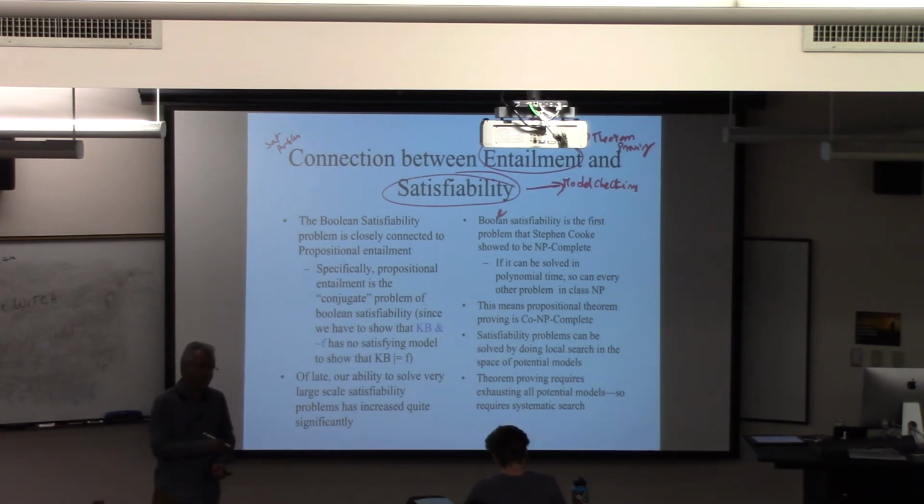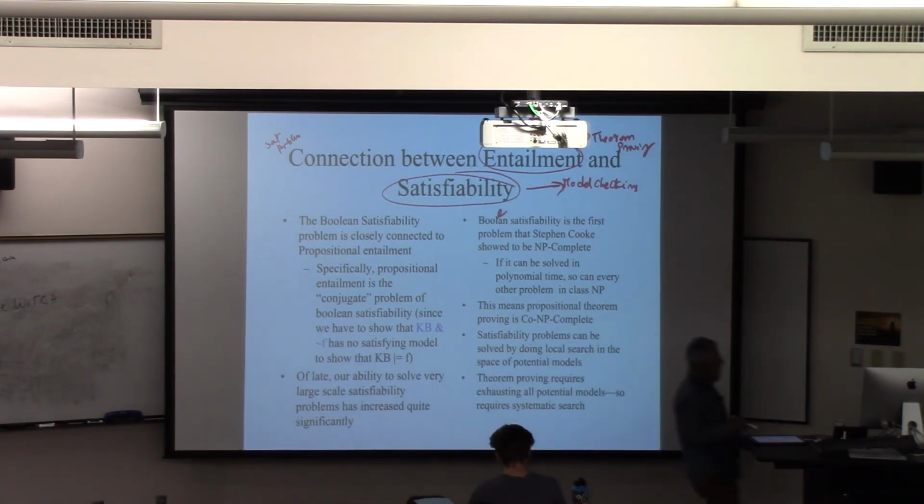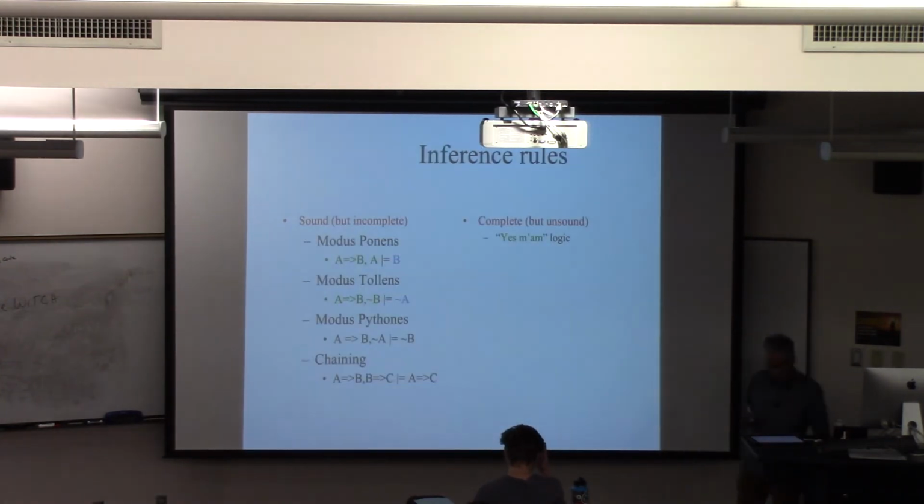And those, from the constraint satisfaction literature, are called constraint propagation techniques. And if you do that, it will cut down the search. So model checking can help theorem proving, theorem proving can help model checking. And they are yin and yang. Useful to remember.